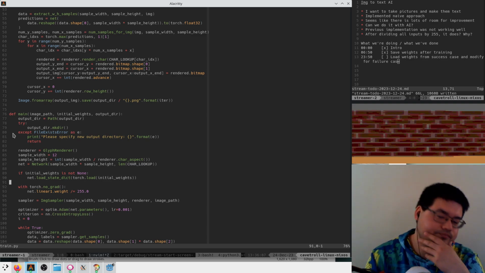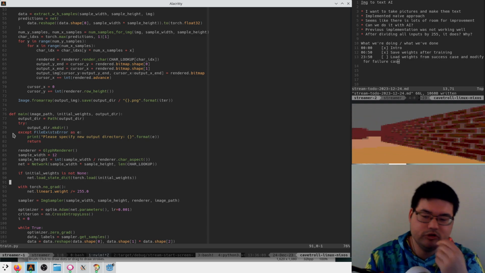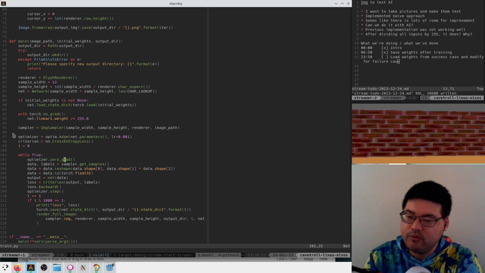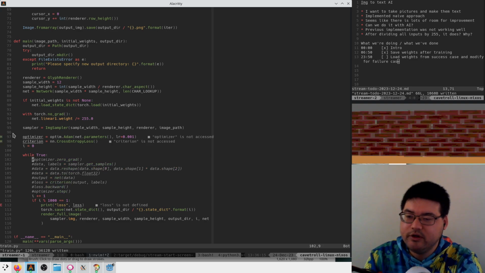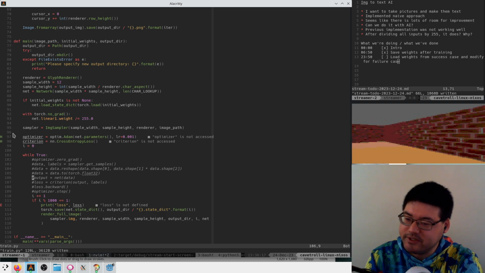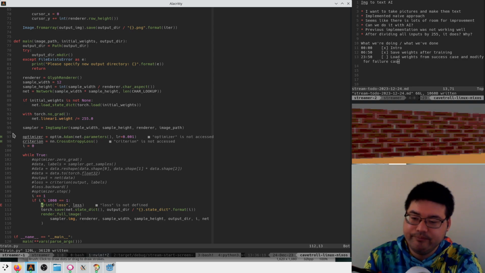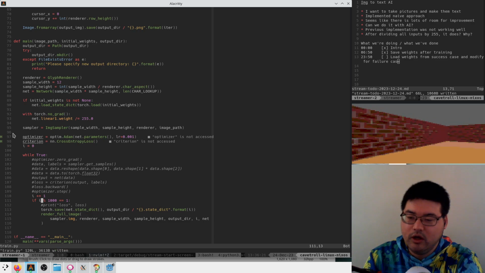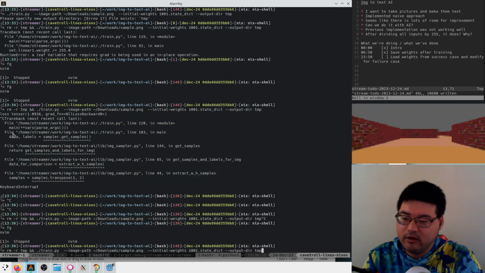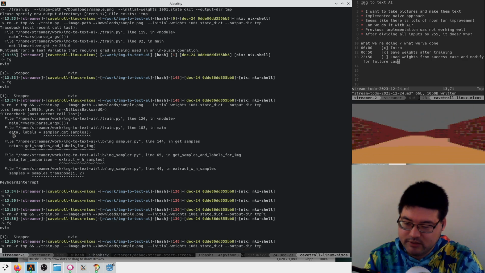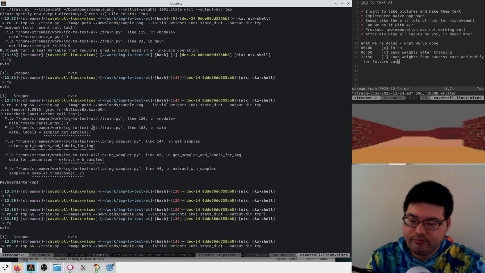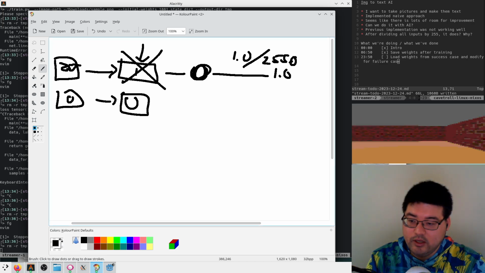So let's see here. We might also want to not do any of the actual training here, just in case, right? Maybe our one step of optimization was messing things up. So let's try loading with our initial weights, output to temp. Yeah, that seems reasonable.